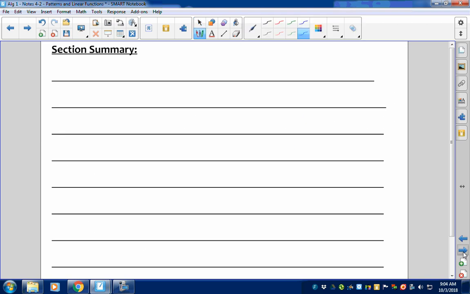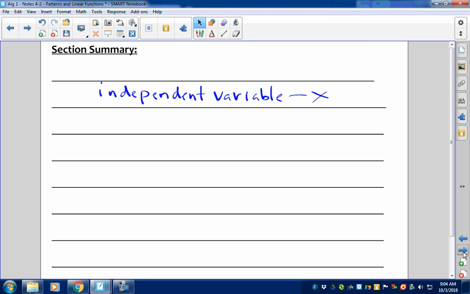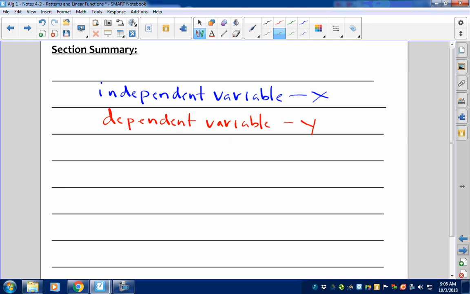For our purposes, most of the time, the independent variable has been x, and the dependent variable in our circumstances, in terms of x and y, is the y. That might be new.